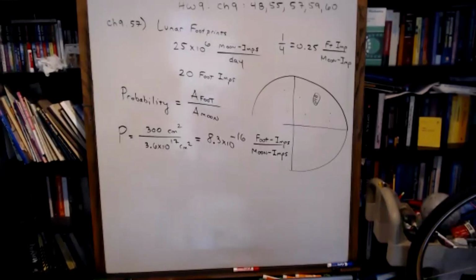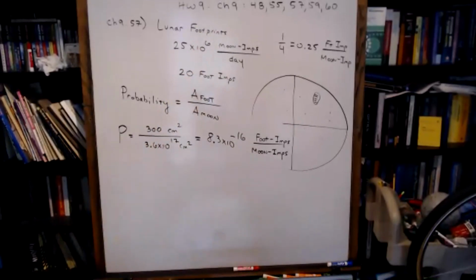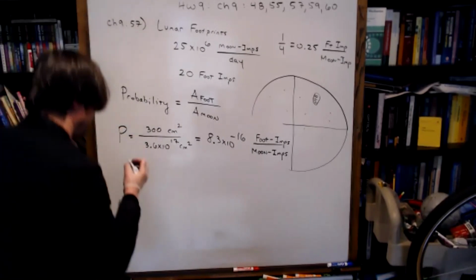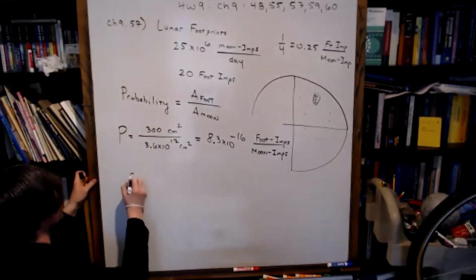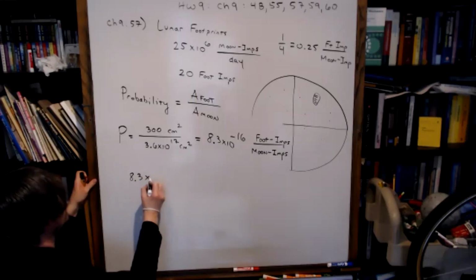Divide them? Well, what will happen if you divide those? Like, for instance, which are you going to divide by which? Are we supposed to multiply that number by 25 million? What would happen if we did that? What will the units be? Careful.